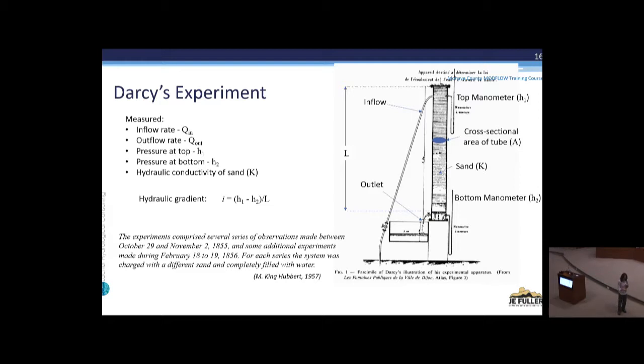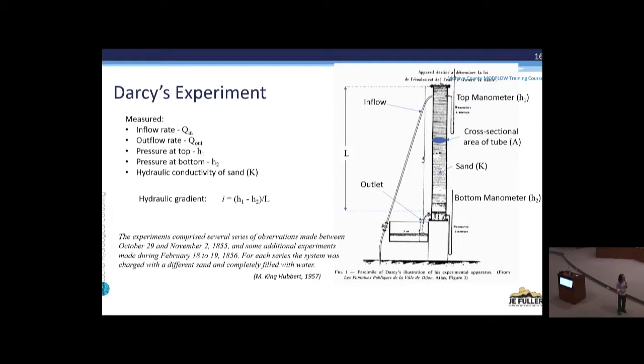It's very, very simple, and it's really kind of cool to see it in action. This is his original drawing. Let's see if I can figure it out. He just set up a tube. It was a steel tube, and it had sand packed into it, and an inlet pipe with a little turn valve on it that he could control the volumetric rate in.